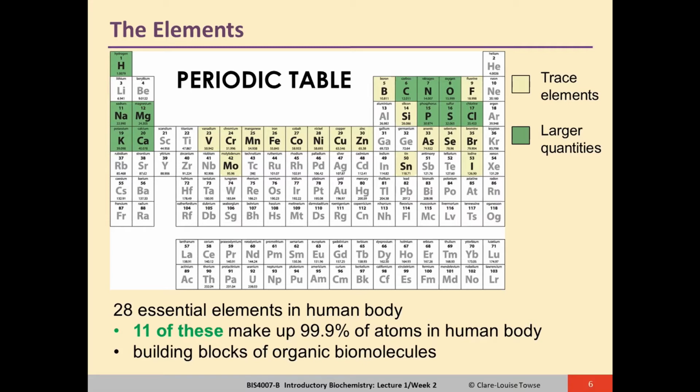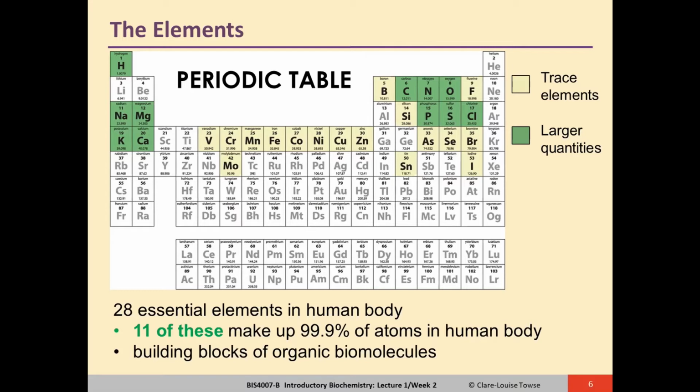Then we skip the carbon group and go to nitrogen, phosphorus, arsenic. This will have a -3.